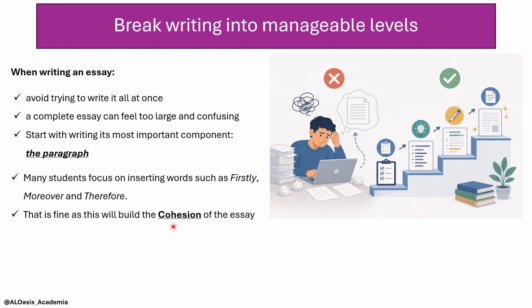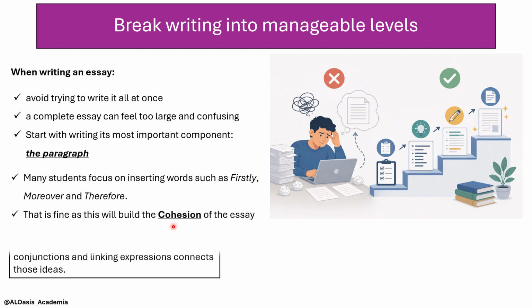It's called cohesion. Okay, what do I mean by cohesion? When I say cohesion, I refer to language such as pronouns, for example, he, she, it; conjunctions, for example, and, or, but; and linking expressions like however, therefore, additionally, in addition.